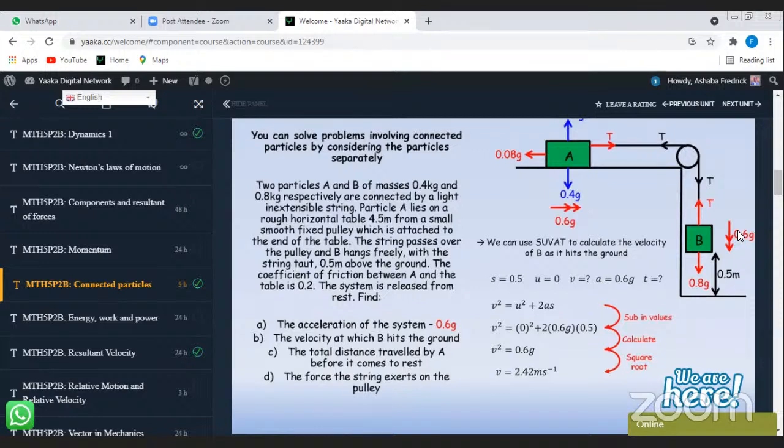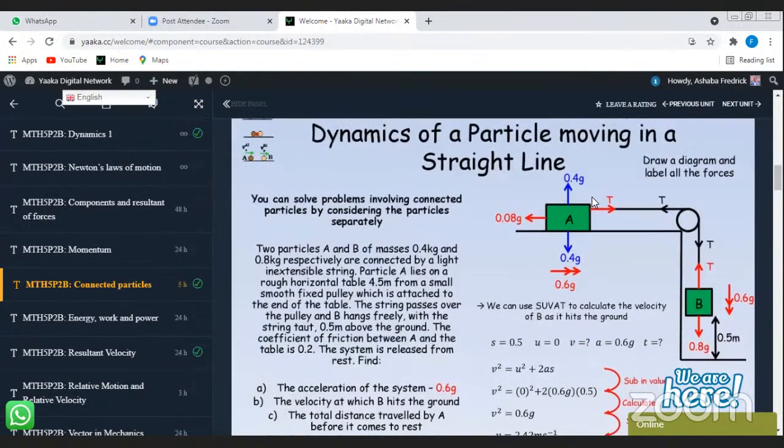So when we consider the two particles, since the surface is rough, there is some friction, I think, which is 0.80 g. Okay. Yes. There's friction here.